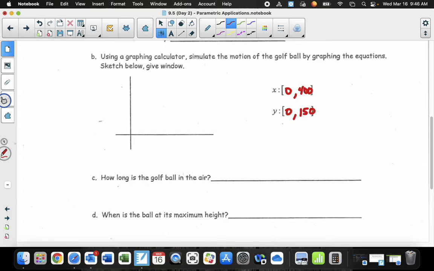All right, let's go to the graphing calculator. Let's plug in the values that we just came up with, our X and Y coordinates.